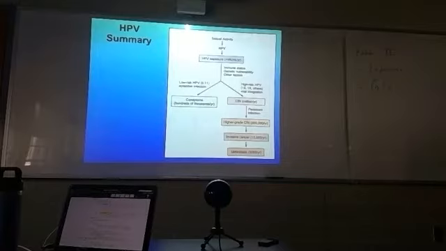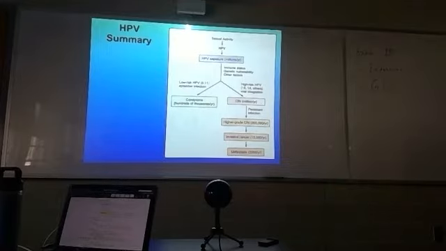The prognosis will depend on the stage. The stage, remember, tells you to what extent the cancer has already spread. Is it very local? Has it spread to the regional lymph nodes? Is it all over the place? The stage is an important prognostic factor. Okay, any questions on dysplasia and cervical cancer?